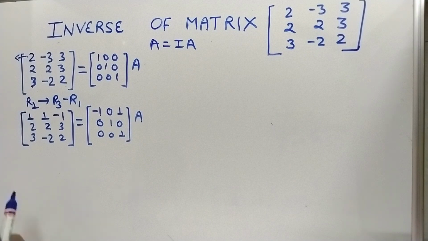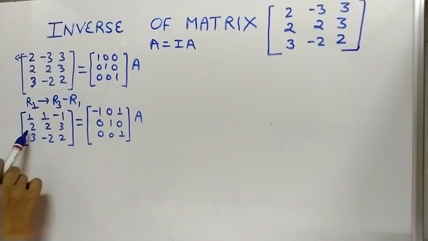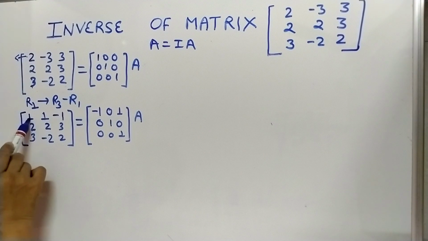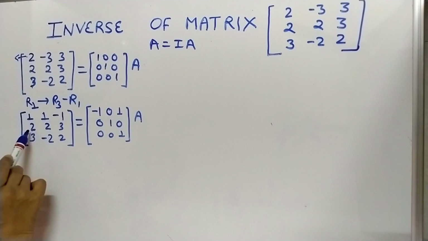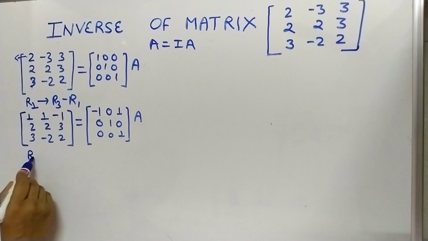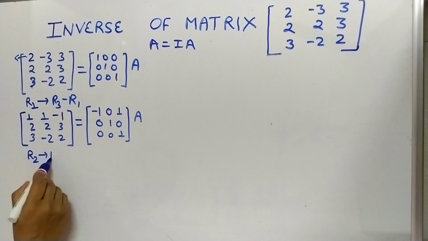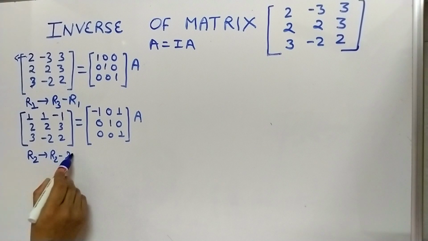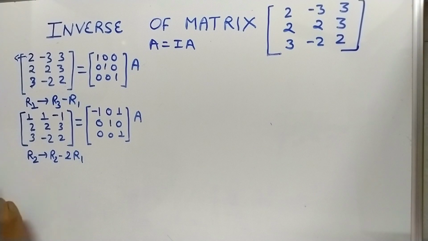Now as I've told, with this 1 we will try to make these two 0. You can see this is 2 and this is 1, so you can multiply this 1 with 2 and then subtract it from the second row, then you will get 0 here. So I'll change my second row to R2 minus twice R1.